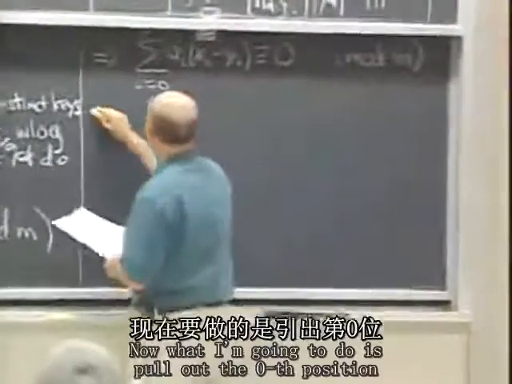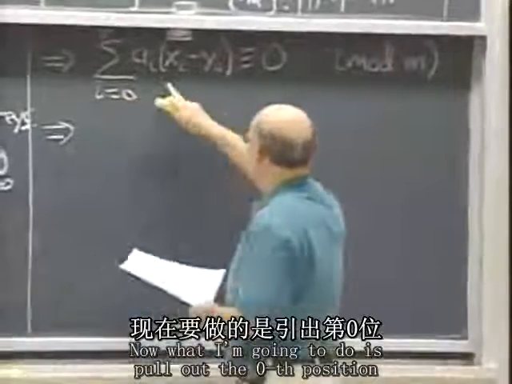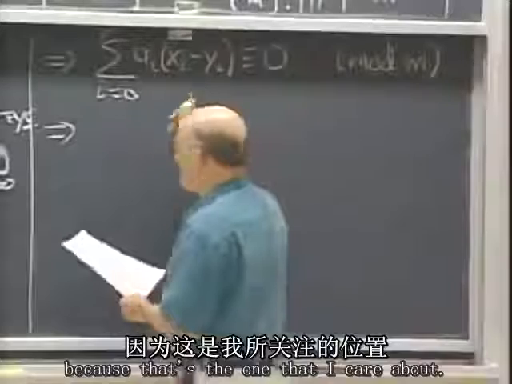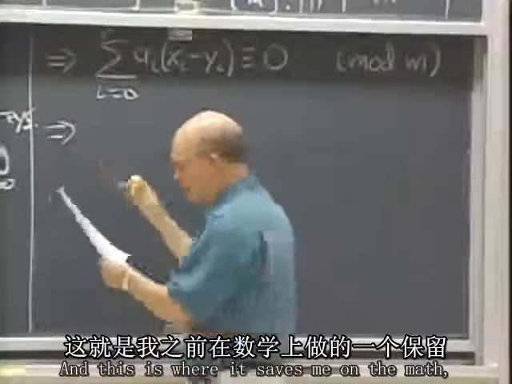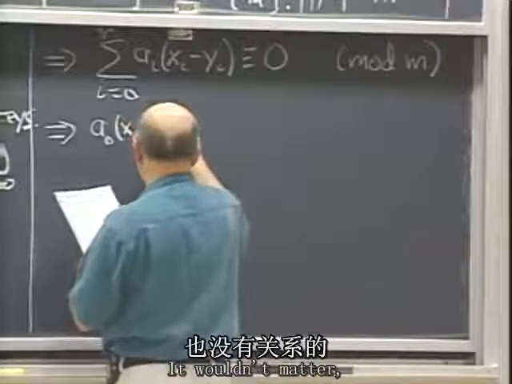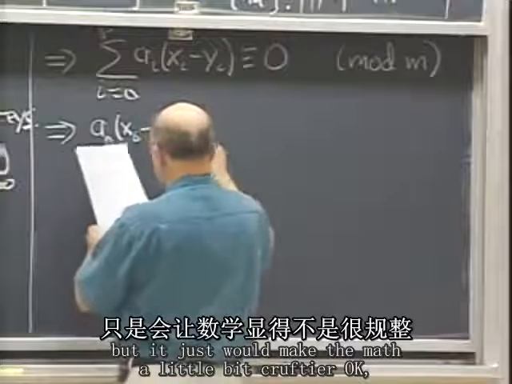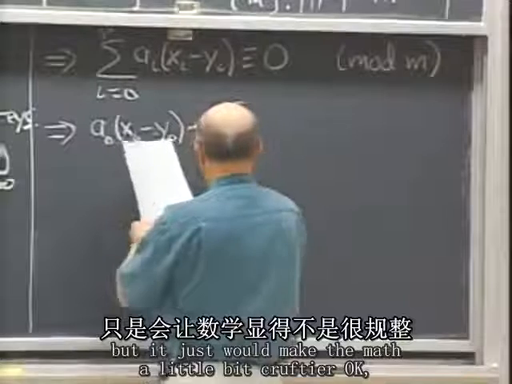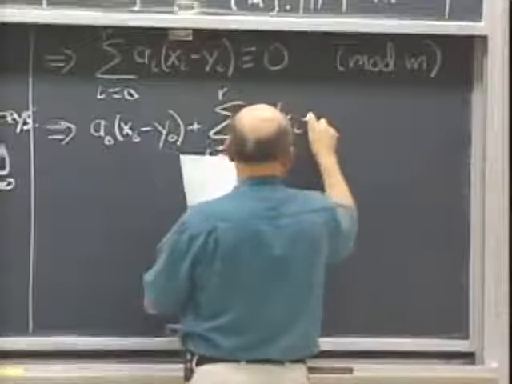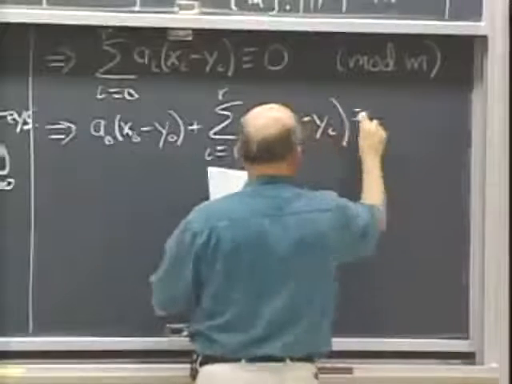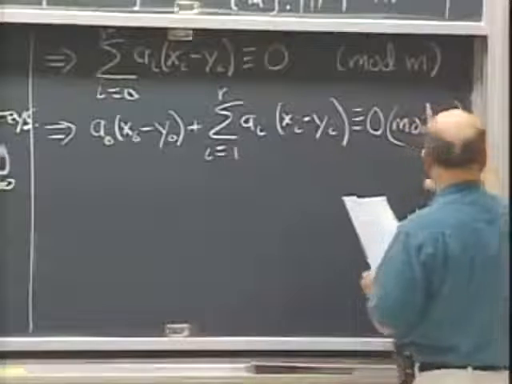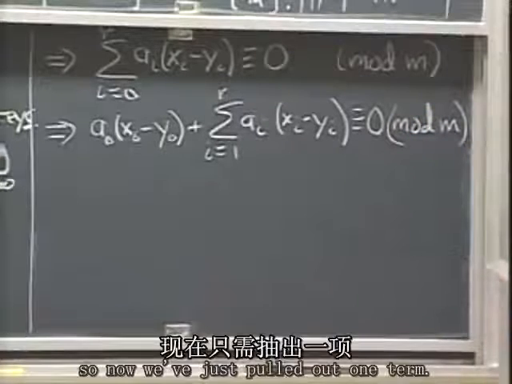Now what I'm going to do is pull out the 0th position, because that's the one that I care about. And this is where it saves me on the math, compared to if I didn't say that it was 0. I'd have to pull out x_i, and it wouldn't matter, but it just would make the math a little bit cruftier. Okay, so now we've just pulled out one term.